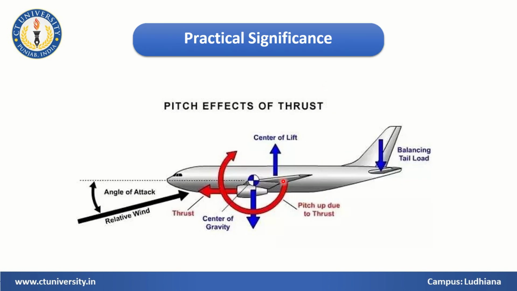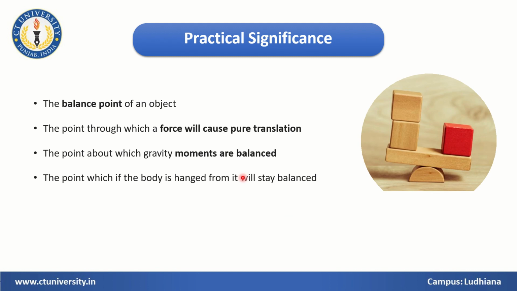The thrust, the center of lifting, the lifting point, it will be here. And any wind or any forces that are acting on this part or the entire component will again depend upon the CG also, right? So it decides the balancing point of an object.